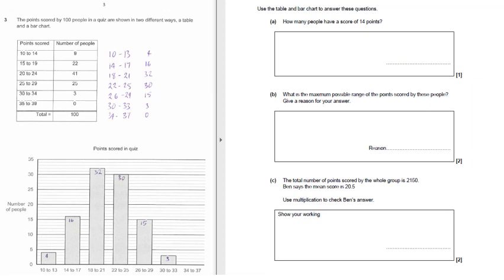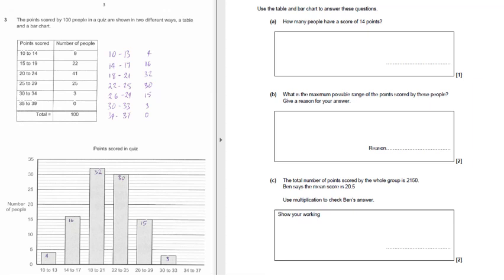Okay, in the first table, 10 to 14, 9 people scored. 9 people in that group. In the second table, 10 to 13, 4 people. That means people that scored 14 is the difference between this 9 and this 4.